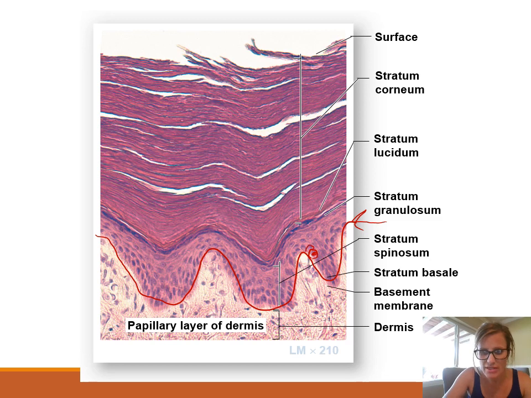So you'll see these nuclei are really close together, right? The cells are jam-packed right up against each other, one after the next after the next. So that's a really high degree of cellularity. The cells are packed very closely together. If you look down below in the dermis, the cells are just scattered, right?